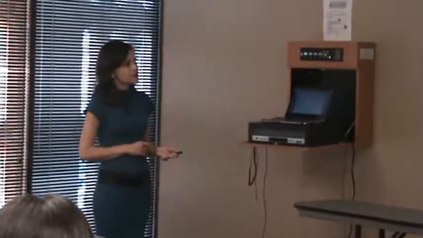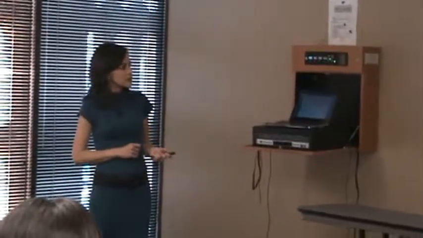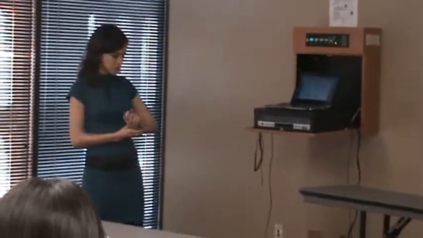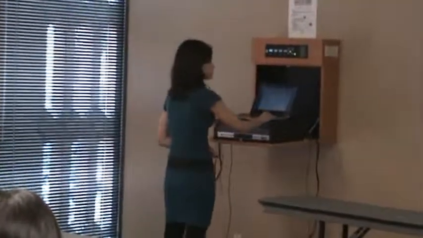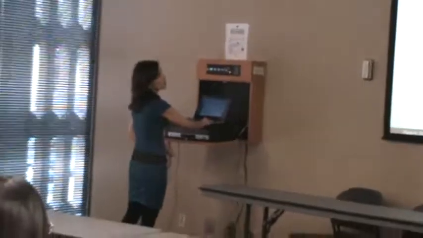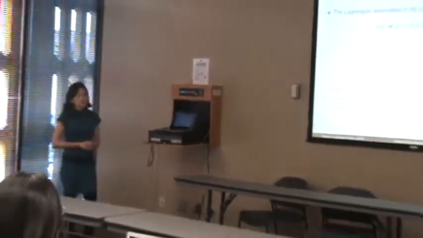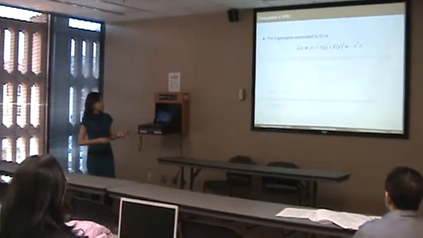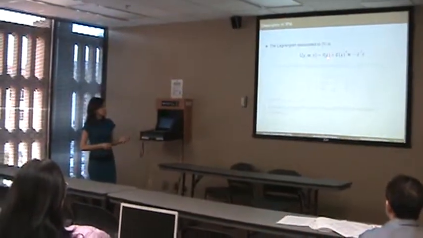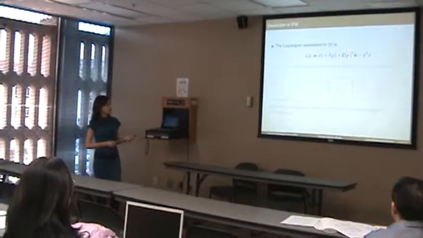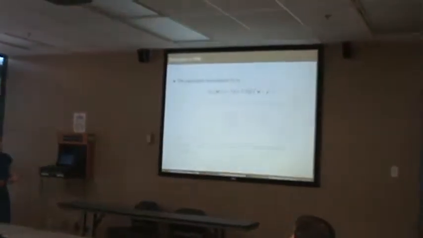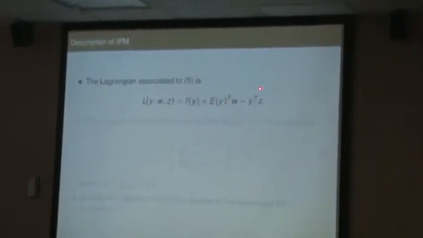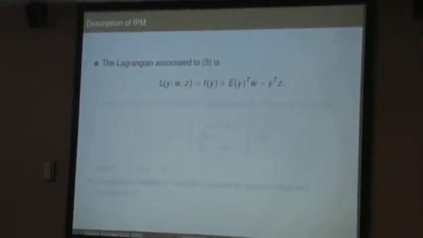Now, instead of this summation, we could write the problem using a norm. The norm 2 is the equivalent formulation for this problem. The basic idea for the interior point methods is that instead of the Hamiltonian, now we have the Lagrangian. So basically it's the same. We have the objective function, we have the equality constraint, and we have some Lagrange multiplier associated with the equality and one Lagrange multiplier associated with the inequality.